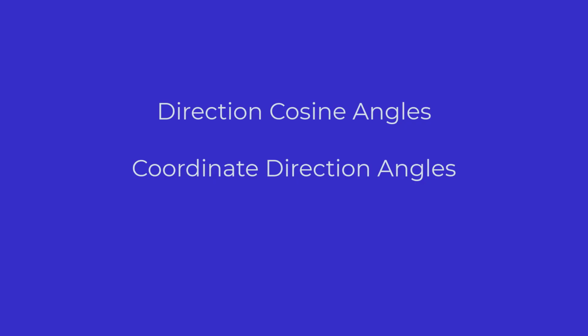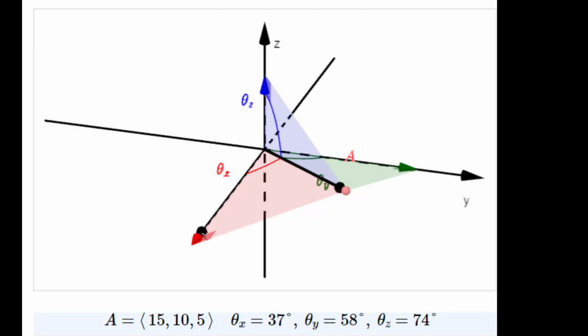In the direction cosine angle, or the coordinate direction angle, coordinate system, the location of a point or vector is defined by the angle that is created between the vector, or the magnitude of it, coming off the origin. So you got a theta x, a theta y, and a theta z.